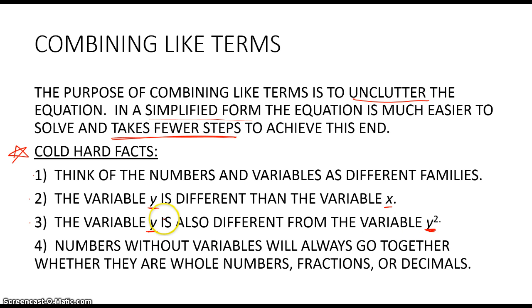That's like the Roberts living with the Roberts sons, not the same family. And fourthly, numbers without variables will always go together, whether they are whole numbers, fractions, or decimals. So numbers will always combine with numbers. No different variables, but numbers will always go with numbers.